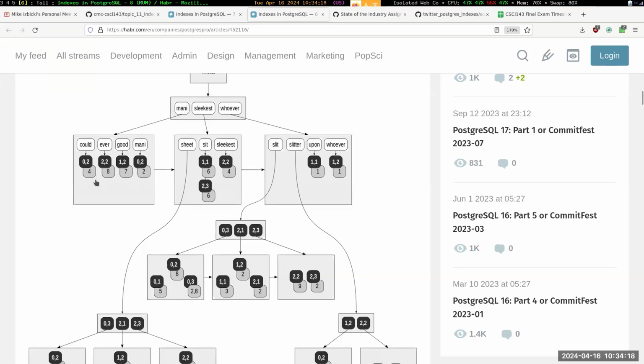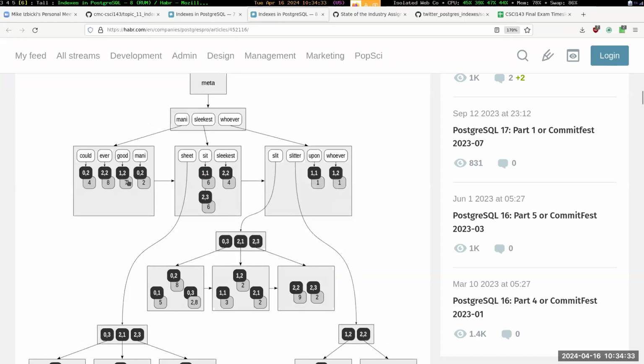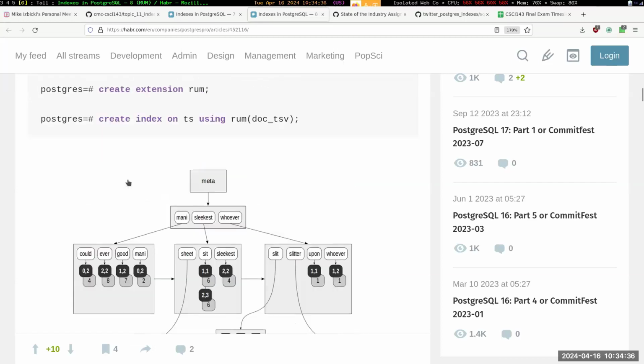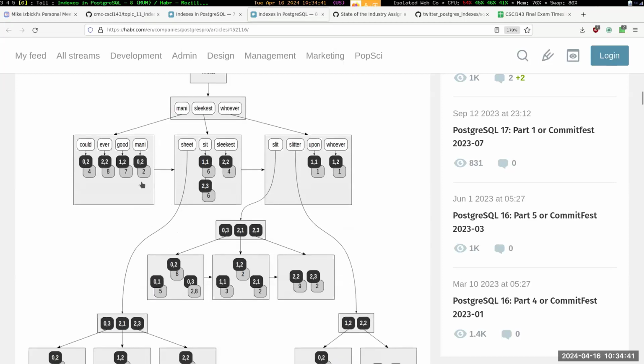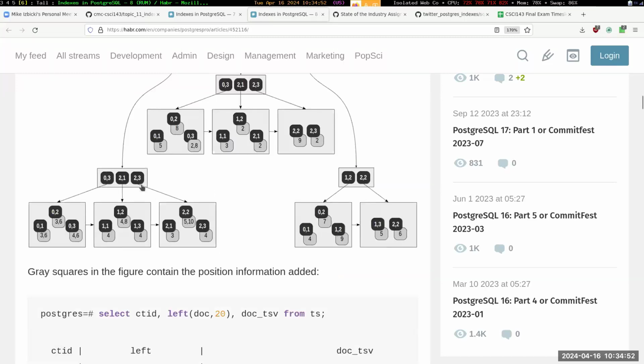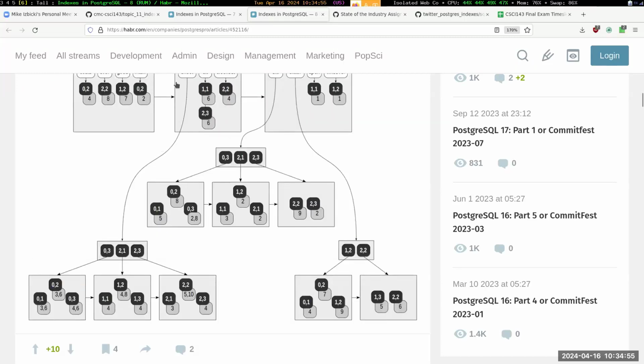The RUM index stores this extra information inside of either the posting list or the posting tree, depending on which the index is using. What is this extra information? It is whatever you have decided to put inside of the table. In this case, it is just the location of the lexeme, the location of the word inside the document. But you could put whatever other additional information you wanted in here, and the RUM index will store that information for you.